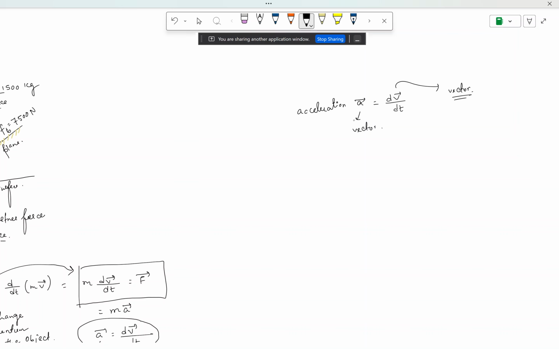But let's say you are sitting in a car that is moving with a constant velocity, neither slowing down nor moving faster, and its velocity is not changing with time. In that case we will say that the acceleration will be 0, because then dv by dt will be 0, right?